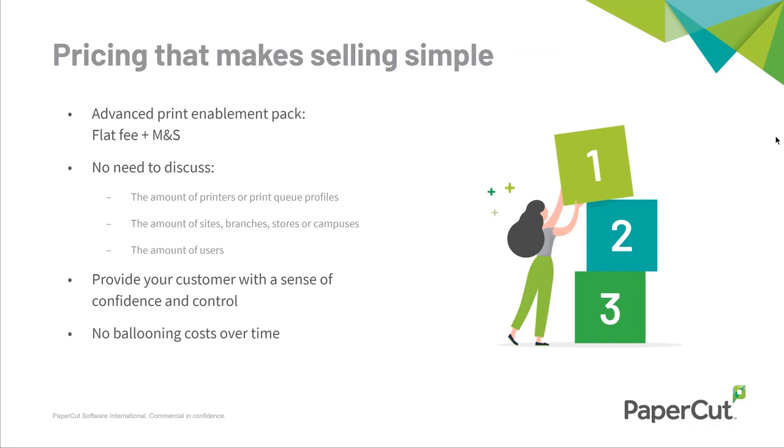And we therefore went for a flat fee plus maintenance and support, so that when you or your resellers go and speak to a customer, there's no need to discuss the amount of printers they have or print queue profiles they have, or if it's a fast-growing customer, you don't have to talk about how many branches they'll have by the end of this year or in 3 years' time.